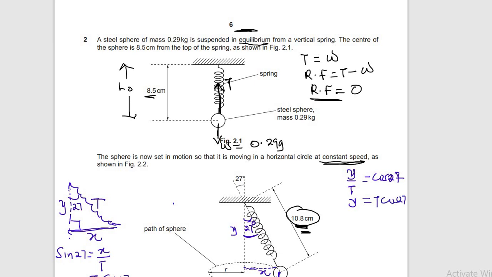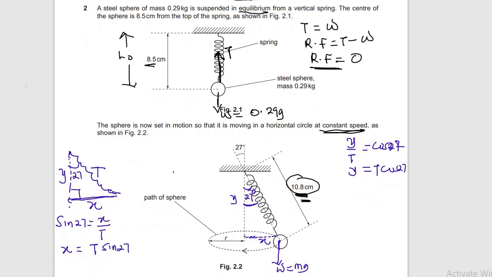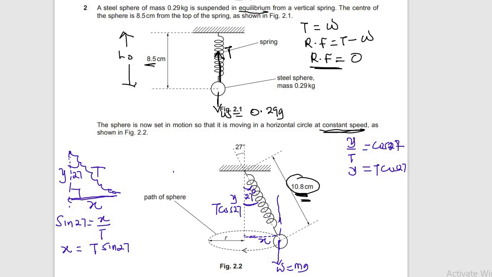So the vertical displacement Y is T cos 27, and X is T sine 27, as you can see.